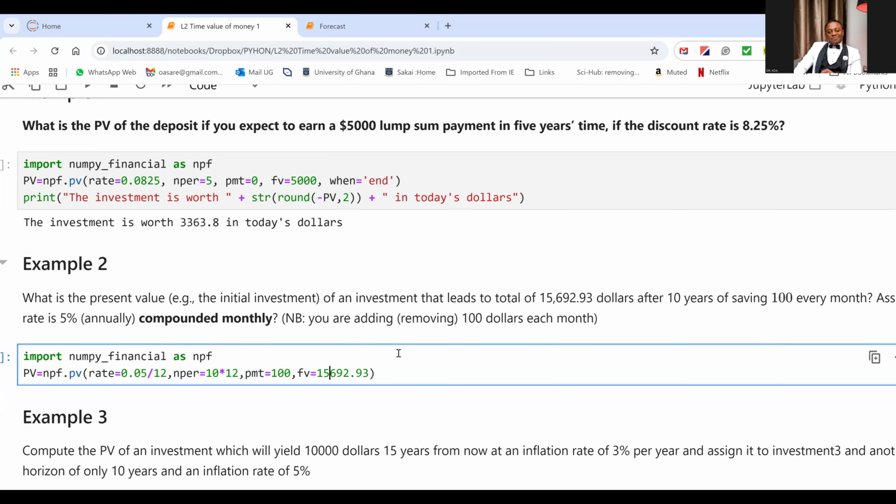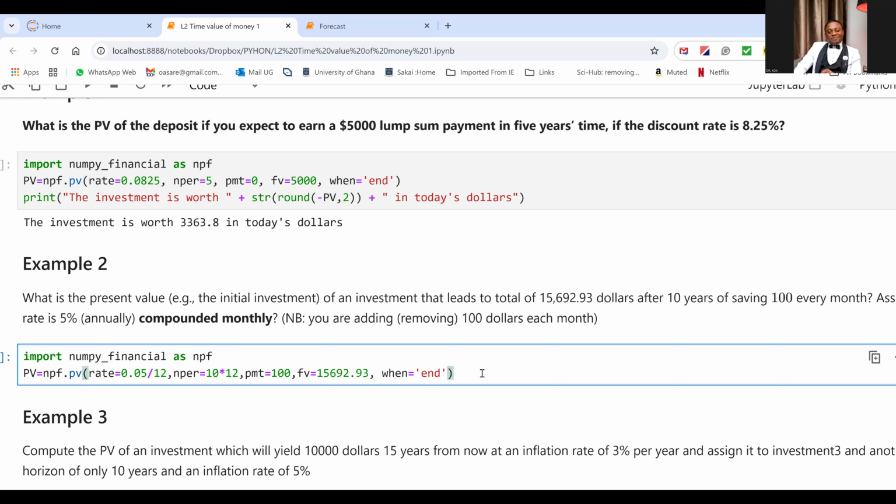But the present value is minus. So when we come to the final answer, we'll change the present value to minus. Of course, you can add the when, if you so choose, or you can decide not to add, no problem. Whichever way it is, do that.